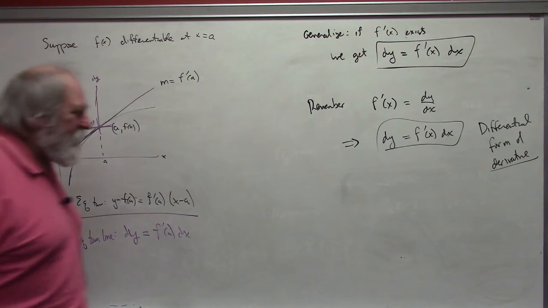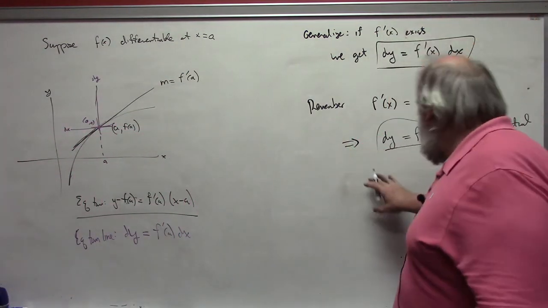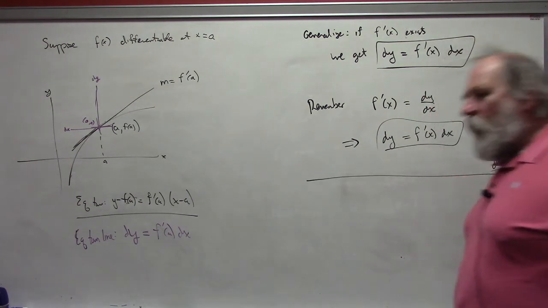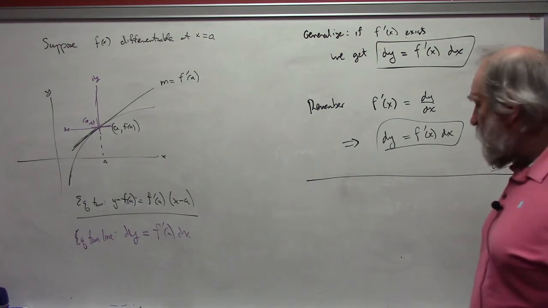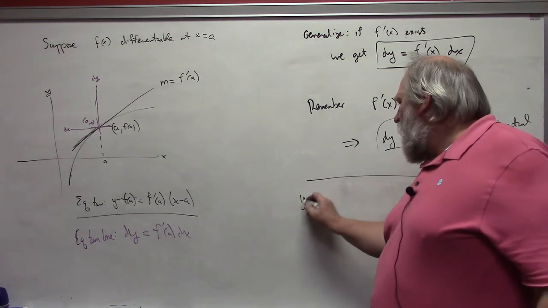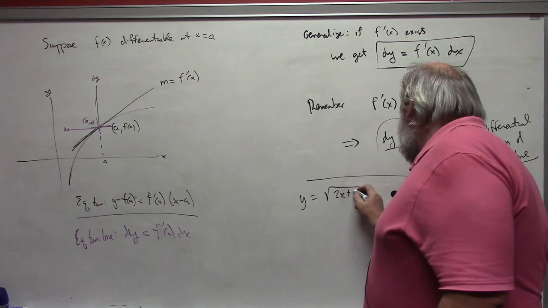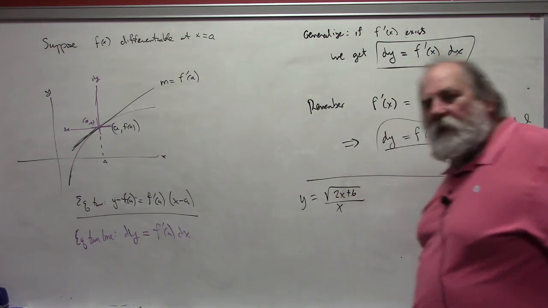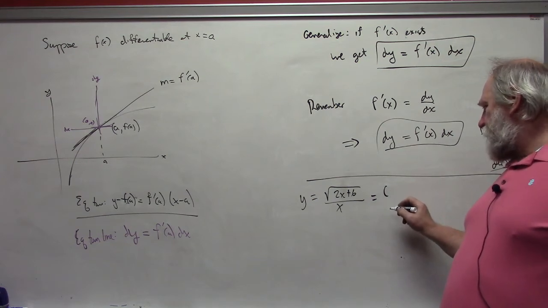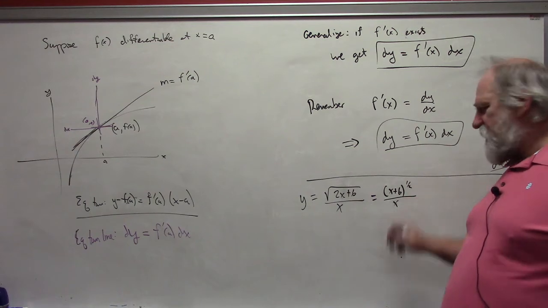So, given a derivative, I can break this apart to write the derivative in differential form. For example, a simple example here: if I have y is the square root of x plus 6 over x, or x plus 6 to the 1/2 power over x.